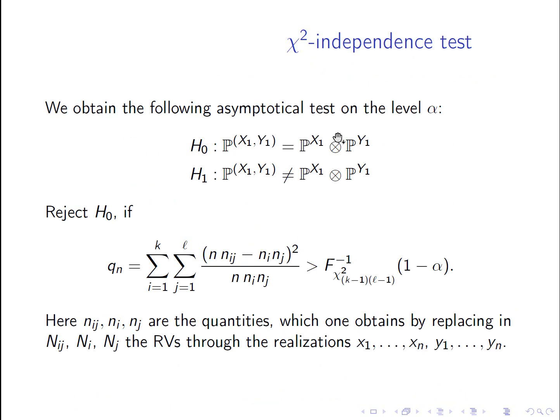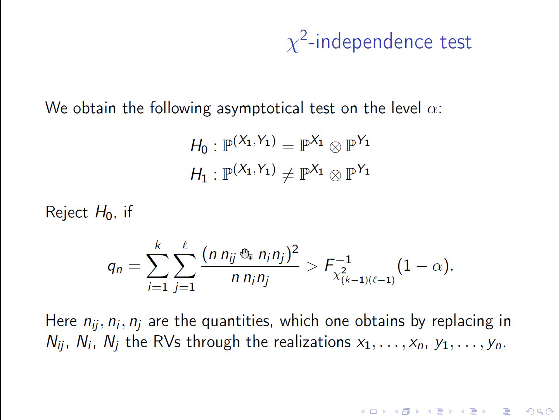So this is now our test. We are on the given level alpha. Our null hypothesis is that the joint distribution is a product of the marginal distributions, which means our null hypothesis is the assumption of independence. And the alternative hypothesis is that we don't have independence, so the joint distribution is not the product of the marginal distributions. Our testing rule is that we reject our null hypothesis if this quantity has a value which doesn't fit our null hypothesis.